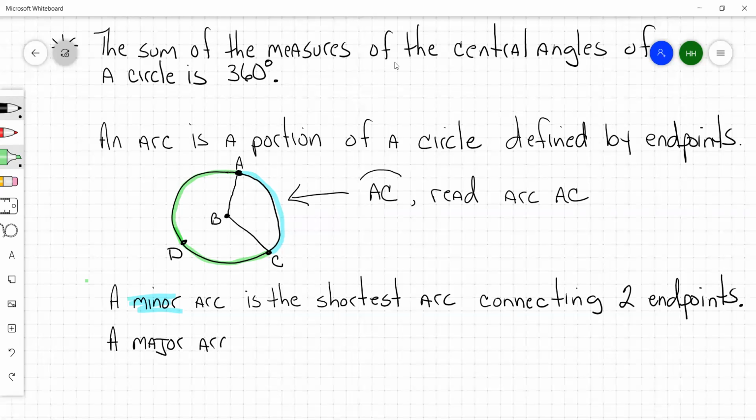A major arc is the longest arc connecting endpoints.